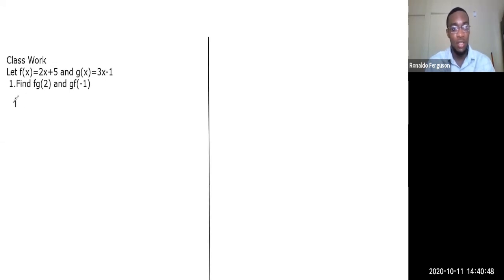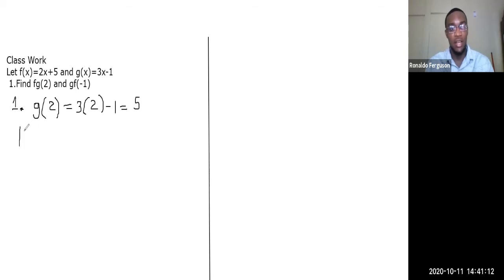So for the first one, they want fg of 2. So the first thing you can do is find g of 2. And so g of 2 is going to be equal to 3 times 2 minus 1. 3 times 2 minus 1 is 6 minus 1, which is 5. And so g of 2 is 5.